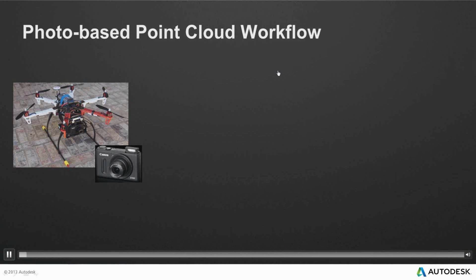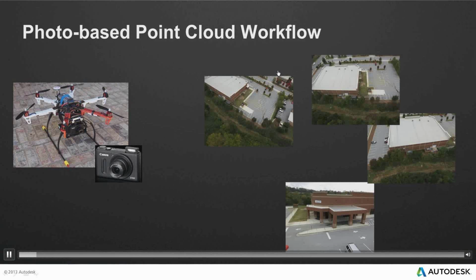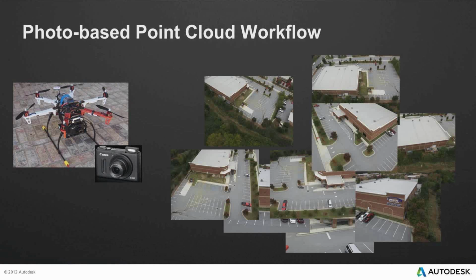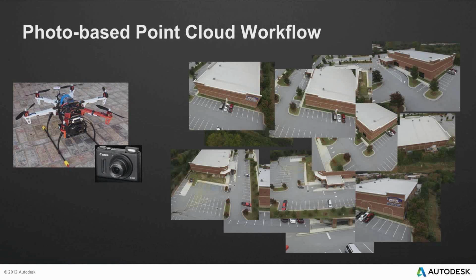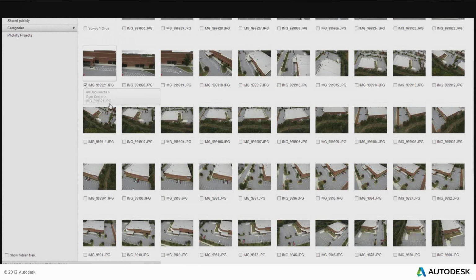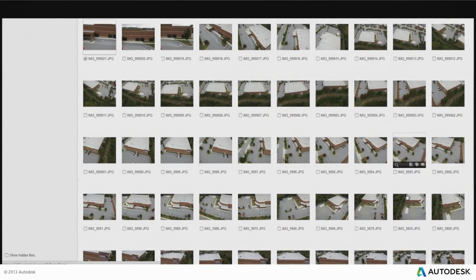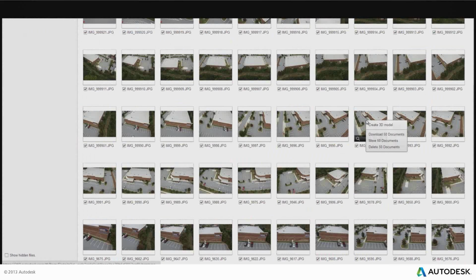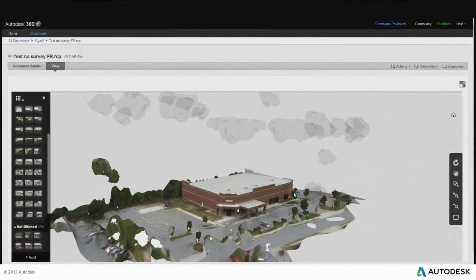So the process of using a UAV is very simple. You put a camera on a drone or UAV and create a series of photos all around an object, for example here a gym center. You upload those photos to the cloud, you create a 3D model, and this is the type of result that you would get.